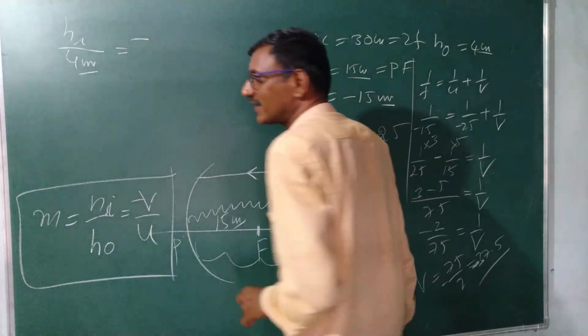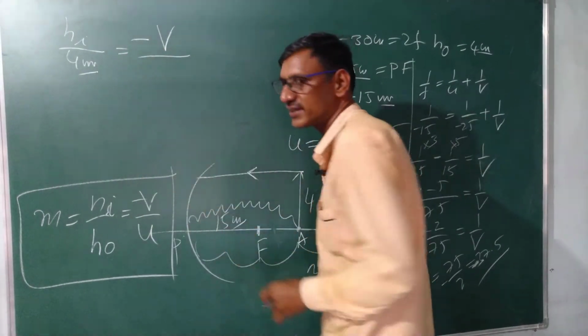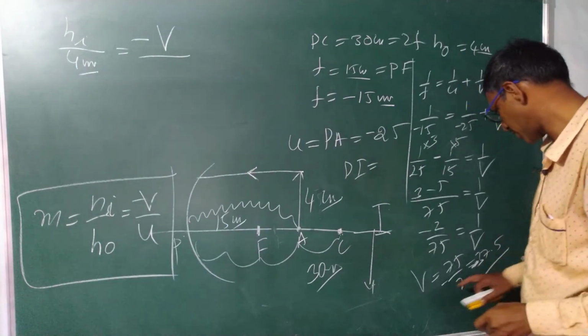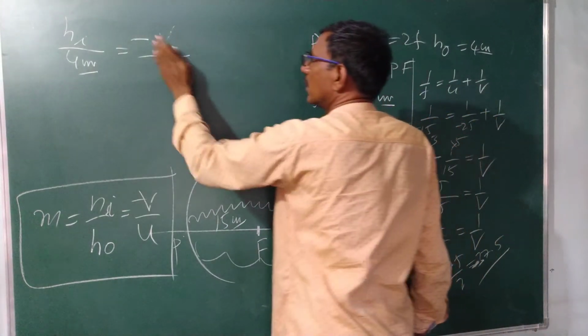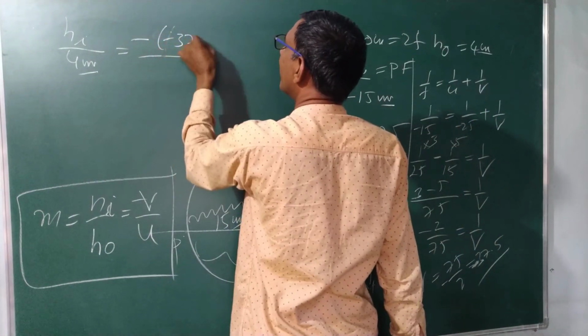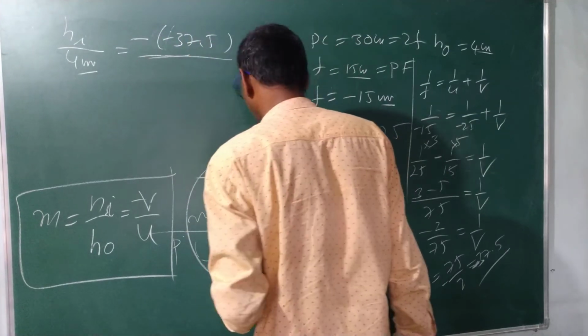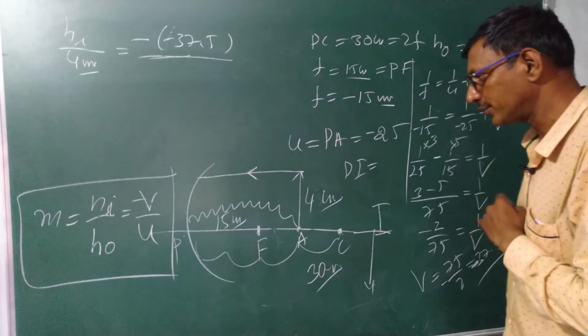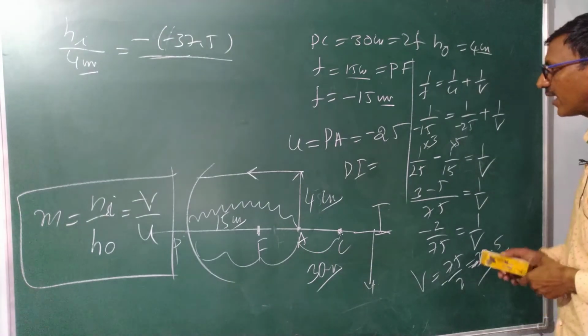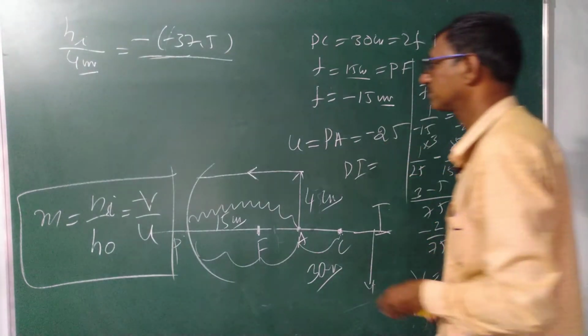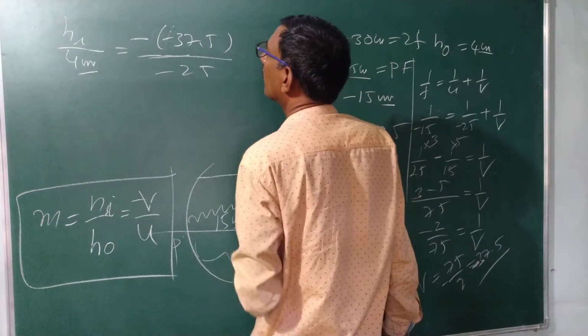I will write v as it is. v I know, I just proved: minus 37.5 divided by my u. My u is given directly: minus 25.